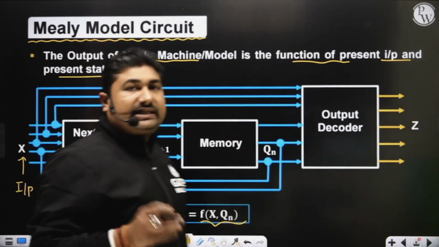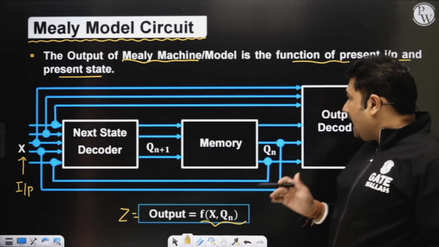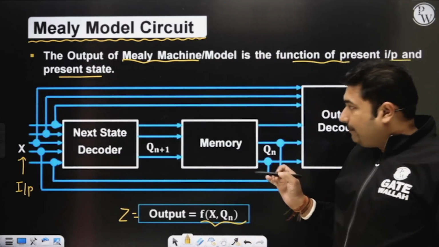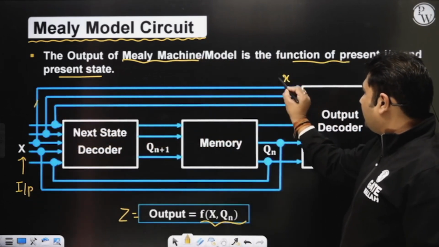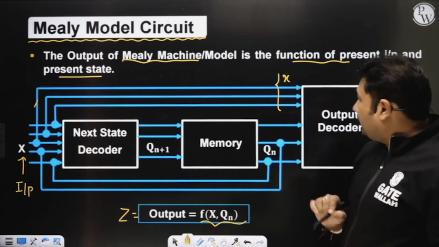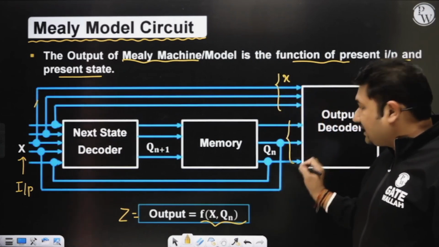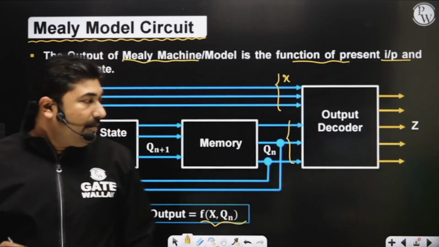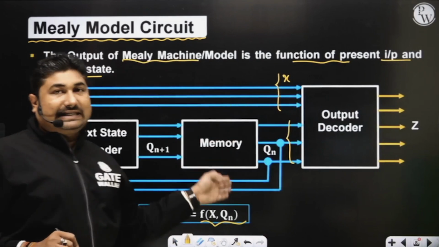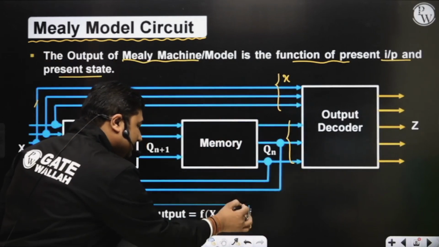So this is the basic difference between Mealy and Moore. In the Mealy model, output is a function of present input X. If you observe, these are X. Output is a function of X and present state Qn. So in the Mealy model, output is a function of present input and present state.